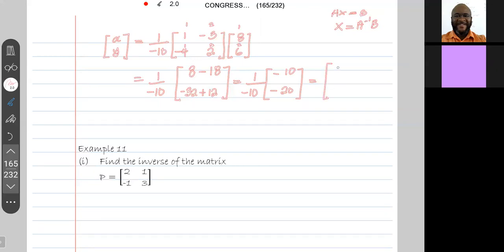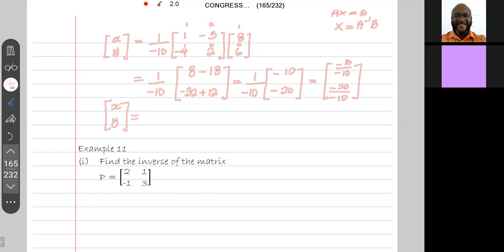So this is minus 10 divided by minus 10, and this is minus 20 divided by minus 10.